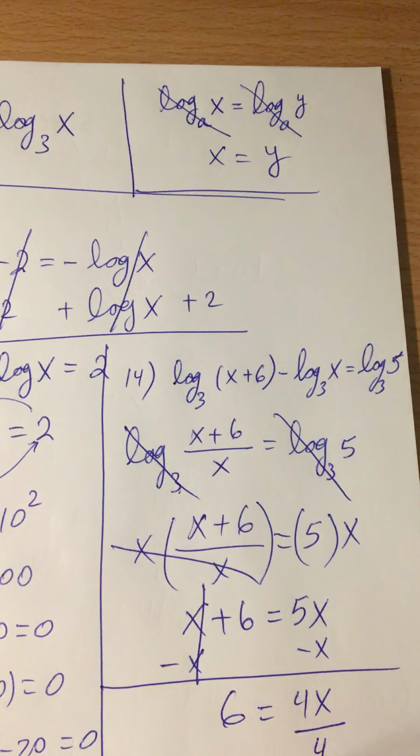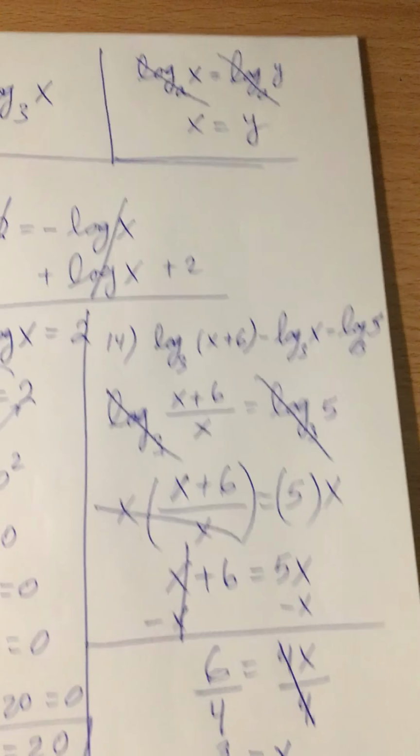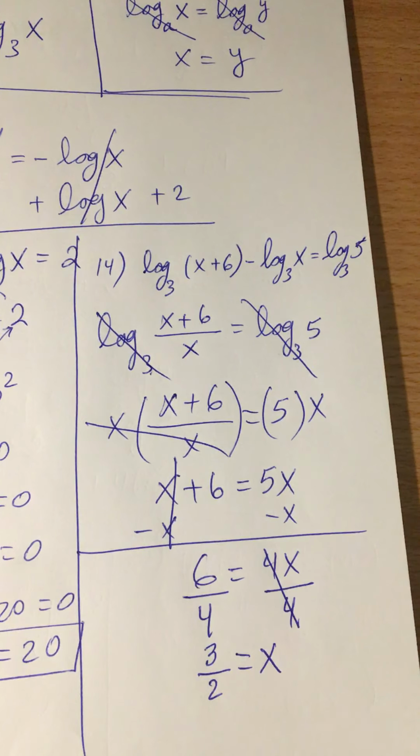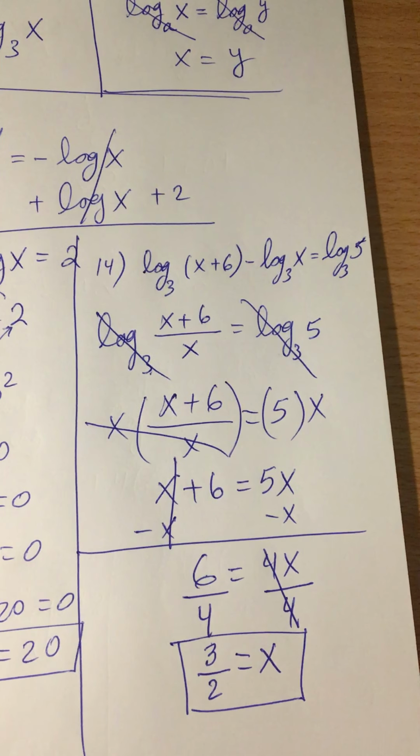And divide by 4. So we have x equals 3 over 2. Reduce the fraction by 2. I'm sorry, I'm talking about functions all the time. So that's that. It's not negative, so the solution is acceptable.